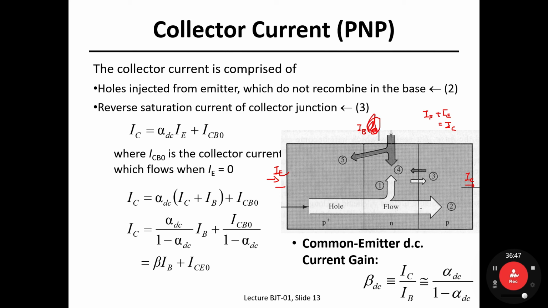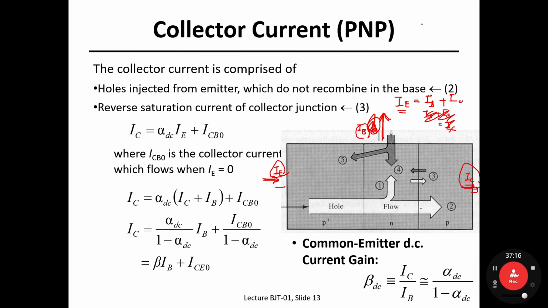So in this book, the IB, base current, is flowing out of the base region, not into the base region. Okay, so instead of this, IE, that is kind of input current, right? The IE is equal to IB plus IC.